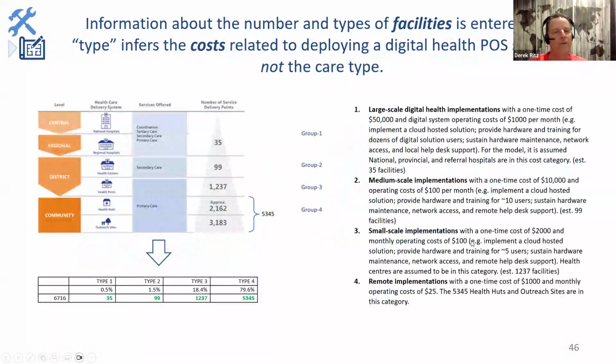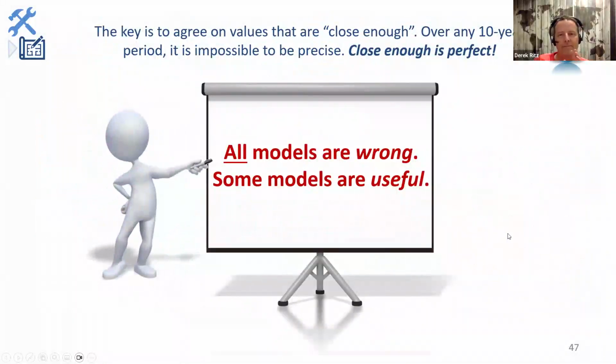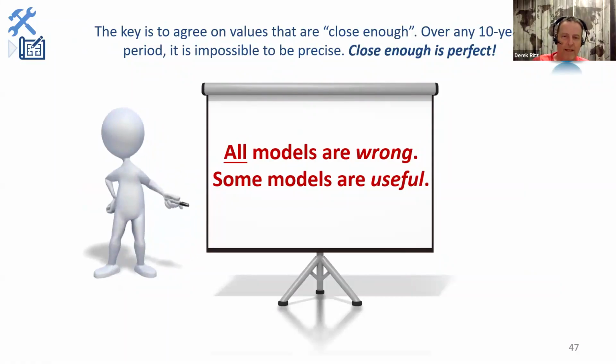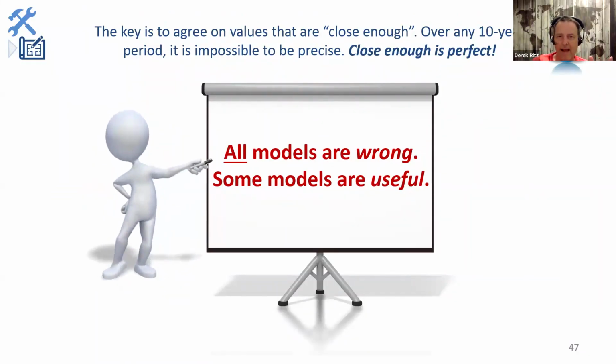Now, we drive the investment case based on how many of these things, and what those are going to cost. And so you can make estimations around large scale versus medium scale versus small scale versus remote scale. And then you say, well, how many facilities of each type have I got? And the key is you don't have to be precise over any kind of 10-year forward-looking thing. You're not going to be exact.